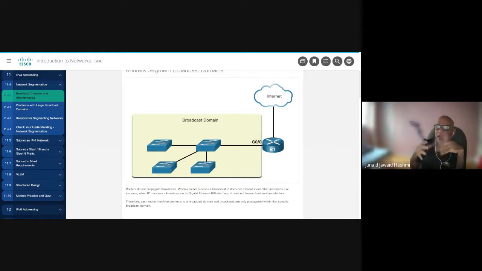DMZ zone, meaning if you have a web server that the public needs to access, a server running for e-commerce purposes, so any type of server that is accessed by the public, you put it in a separate segment or separate network, and you configure security only for that segment.